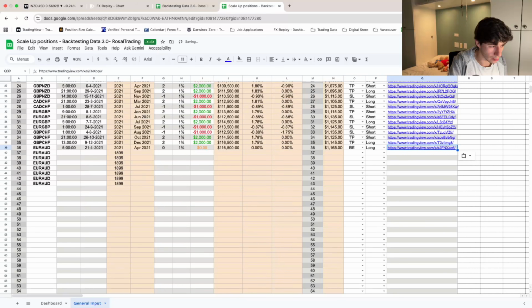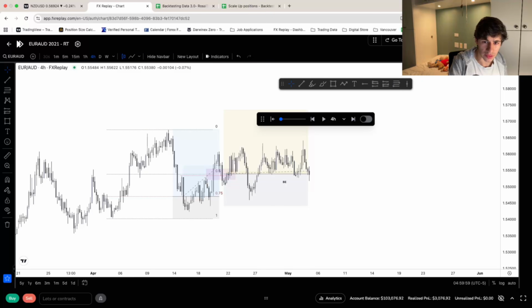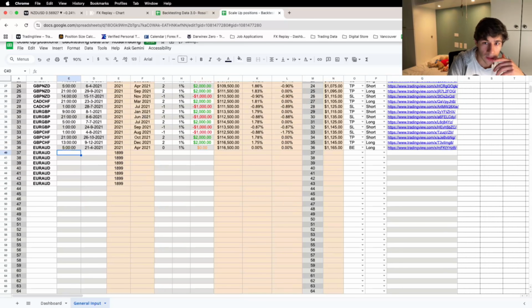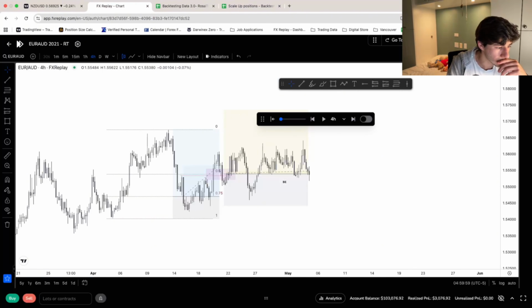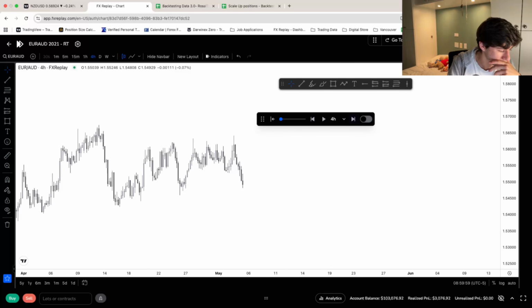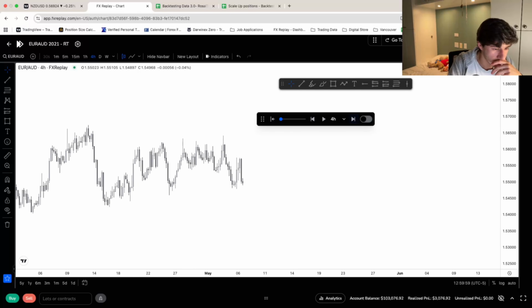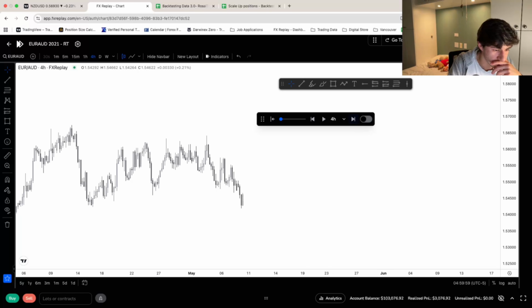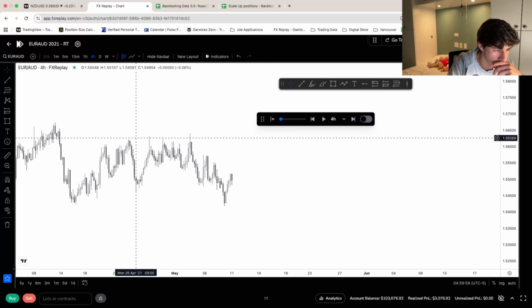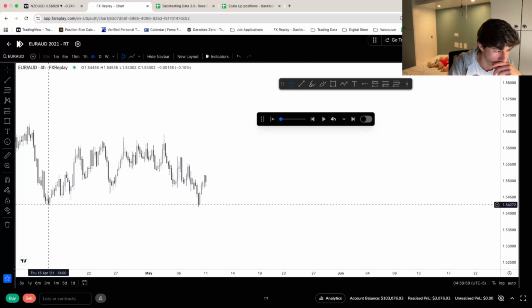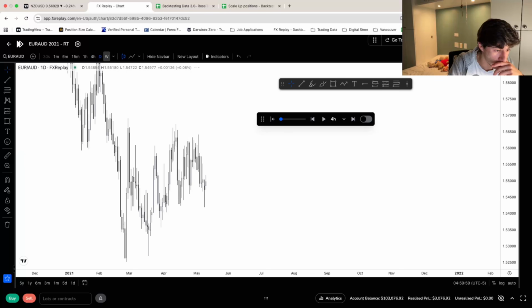Long, boom. Let me see. I don't know if I took a screenshot with the new. Okay, perfect. Great. Okay, so we have horrible price action right now. A load of consolidation, so not planning on taking anything from here. Bro, this is horrible price action.